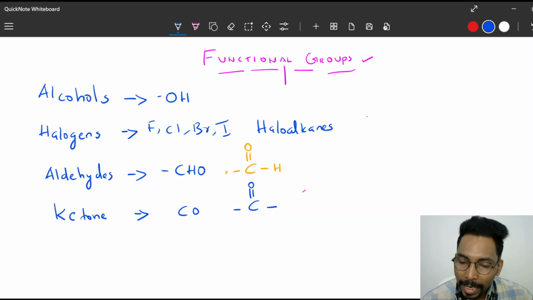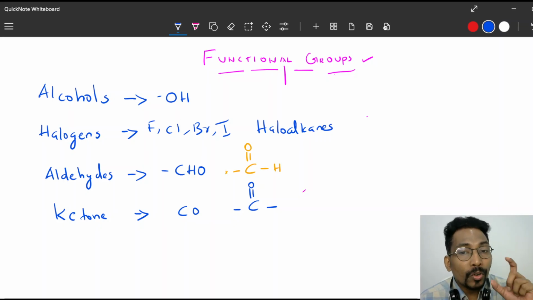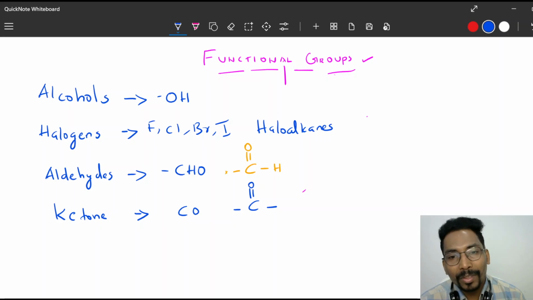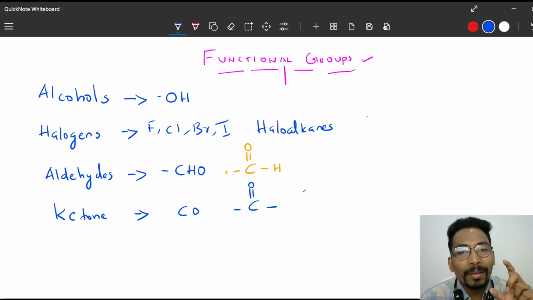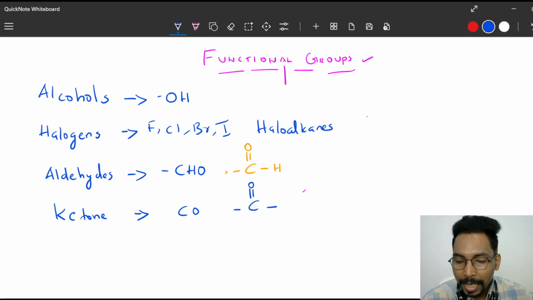So that is ketone. Always remember, the ketone group will always be in the middle of two carbon atoms. It should not be at the end. Always it should be in the middle of two carbon chains.